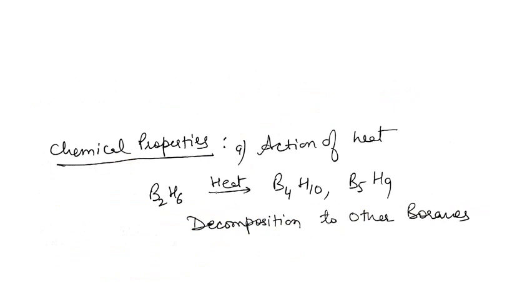Now we move towards the various chemical properties of diborane. The first is the action of heat. Because it is stable at low temperature, when it is heated at high temperature, diborane decomposes into other higher boranes, as B2H6 goes to B4H10 and B5H9, that is pentaborane.